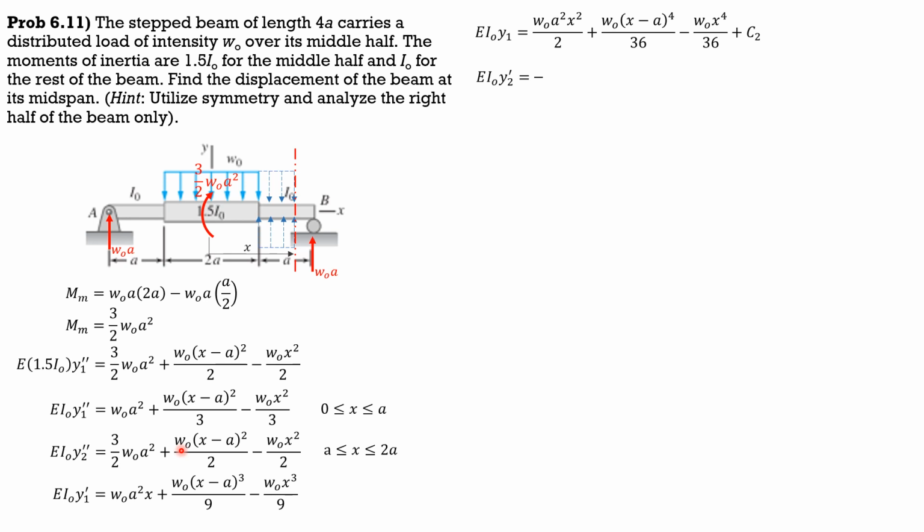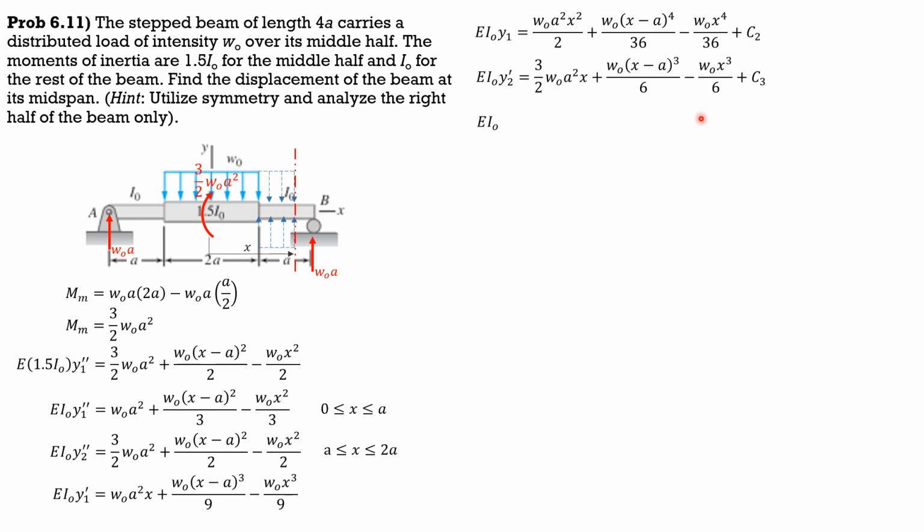EI y2 prime equals 3 halves w0 a squared x plus w0 (x minus a) cubed over 6 minus w0 x cubed over 6 plus C sub 3. So there is C sub 3 and C sub 4 for this segment here.